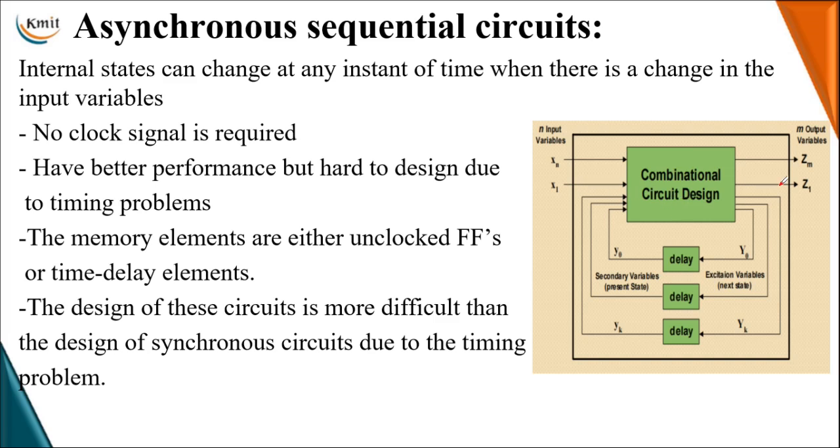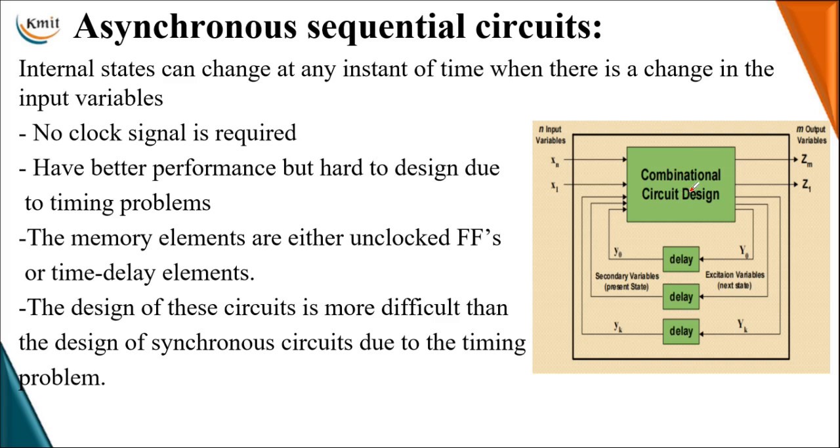In order to stabilize the output, we have to wait for a certain duration until the present state reaches the next state. The present state must be stabilized first, and then it is fed back as input, so it can accept changes in the inputs. In the combinational circuit we have interconnected logic gates, which also give a delay.